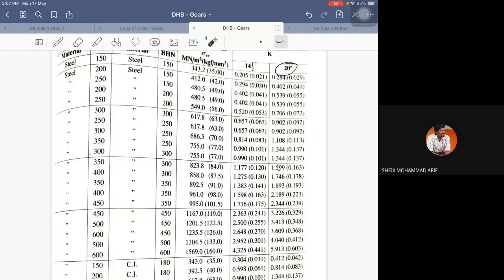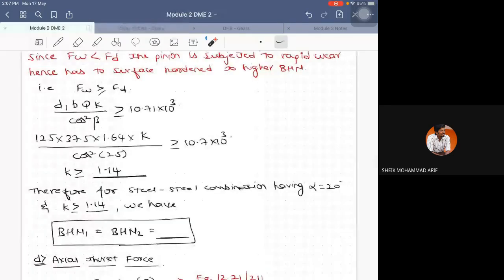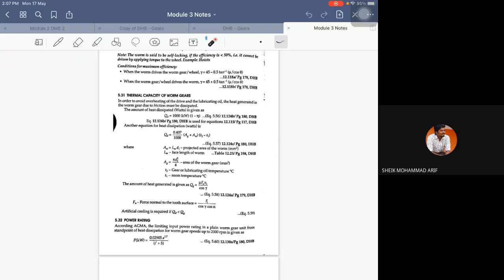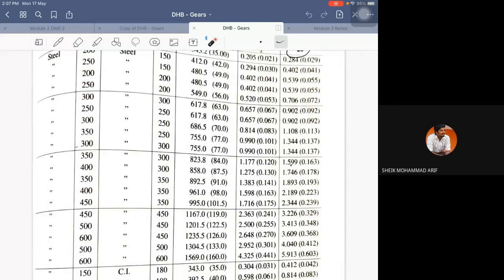Okay. Since it is 350 here and 250 here, and both the materials are the same material, I guess, right? The gear as well as the pinion are made of the same material. What you can do is, you can give this particular value here, like C. So it's 1.34.